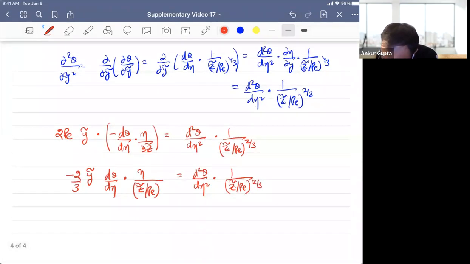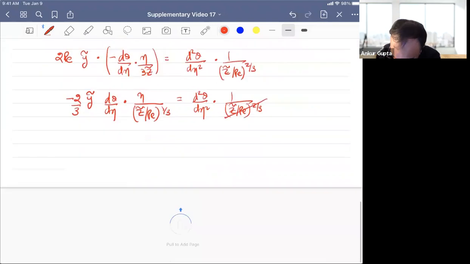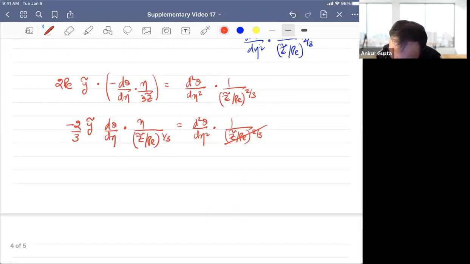Okay, and this basically gets cancelled and this becomes 1 by 3. So you could cancel this out and this becomes 1 by 3.